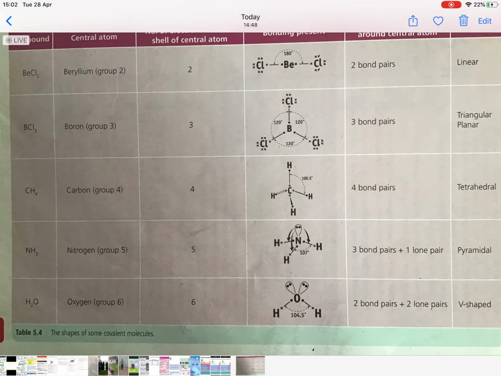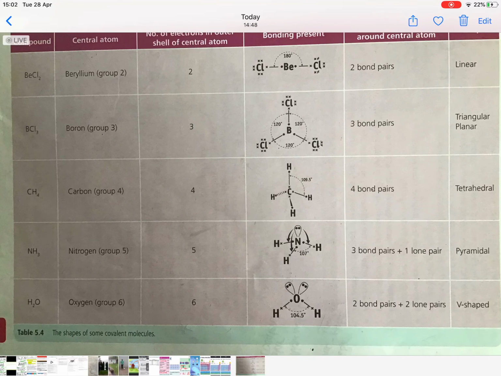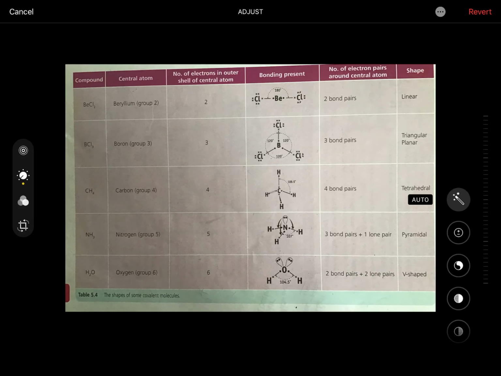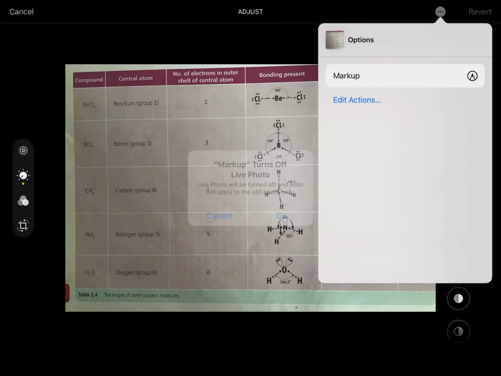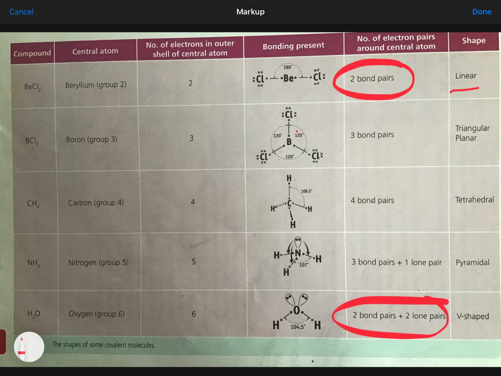One thing I meant to do before I went from you. Your revision book has a very good diagram or table, where it goes through the shapes and the bond angles, because you need to try to remember those. So do you see here at the back you have 2 bond pairs. If it's just 2 bond pairs, it's linear. But look, if it's 2 bond pairs and 2 lone pairs, it's V-shaped, because what will the lone pairs do?